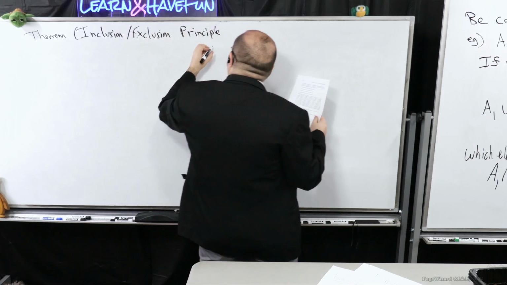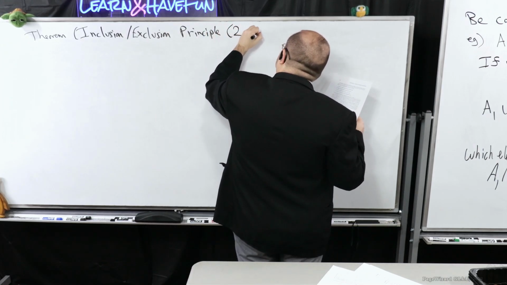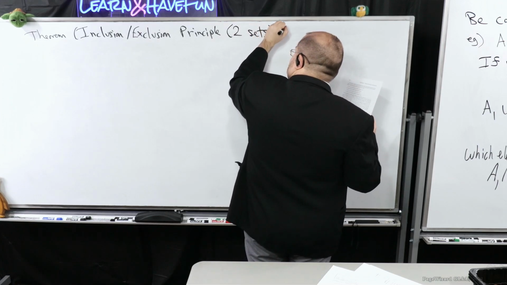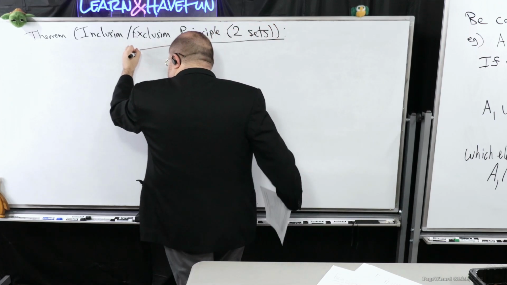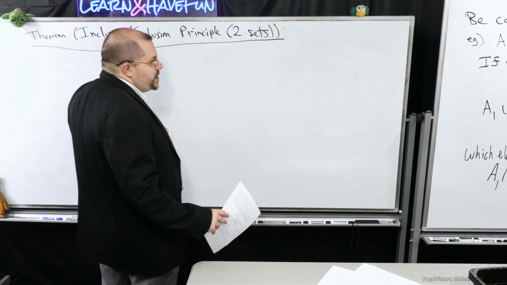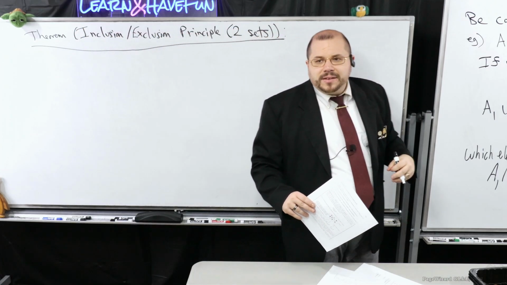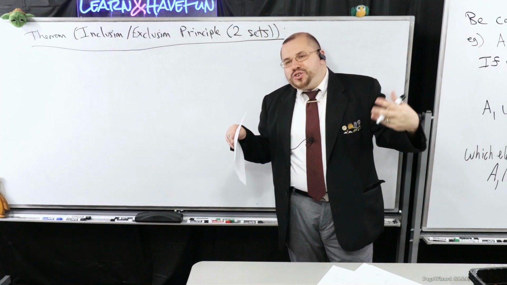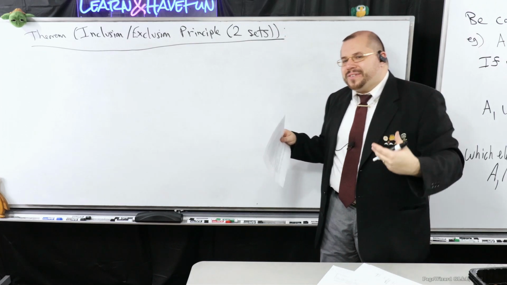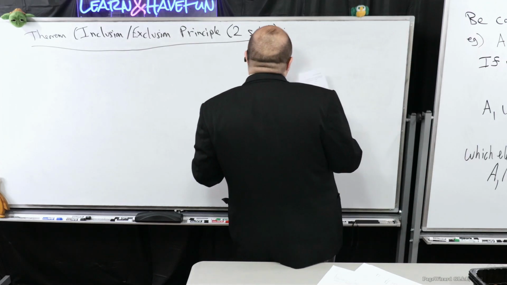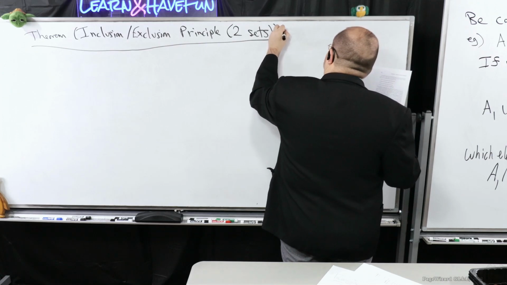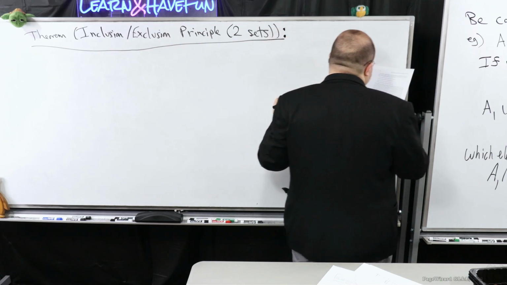And I'm going to state it for 2 sets, but the principle still applies more broadly, okay? So you can state it for 3 sets, you can state it for 4 sets, you can state it for any general k many sets. But I think seeing it for 2 sets gives you enough of the idea, so that if you ever needed a more general version of it, you get the idea of how you'd go about it.